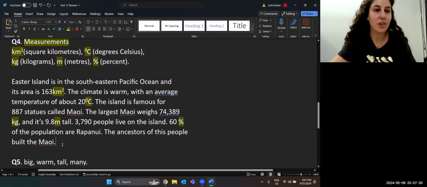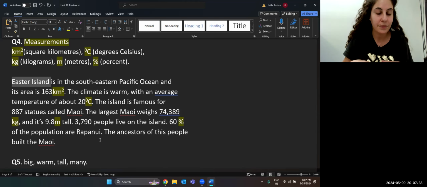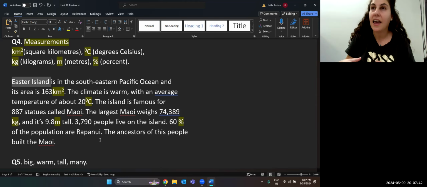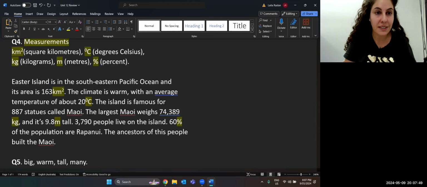Okay, so we could see we talked about a place, Easter Island, and we talked about the temperature. We talked about this distance. We talked about a statue and how high the statue was and what percent of people, the population. So that's how we use these measurements and why it's important. It's really important that we can talk and that we can even ask questions about measurements.